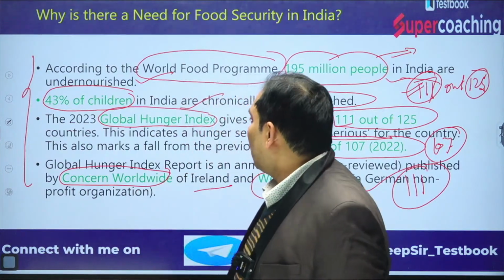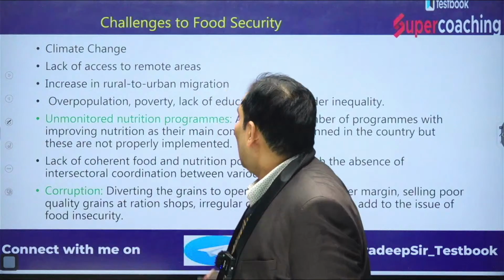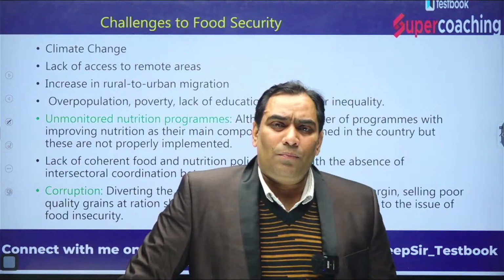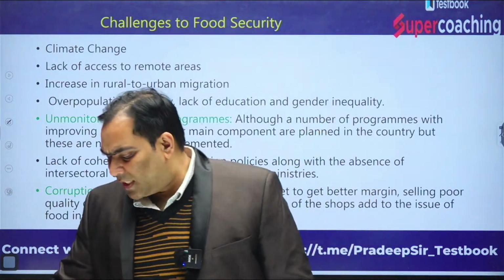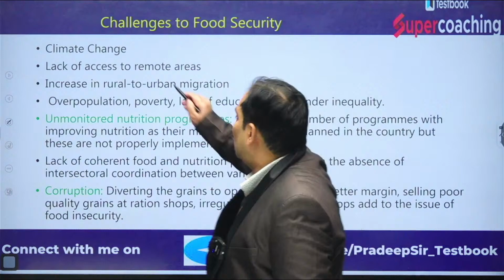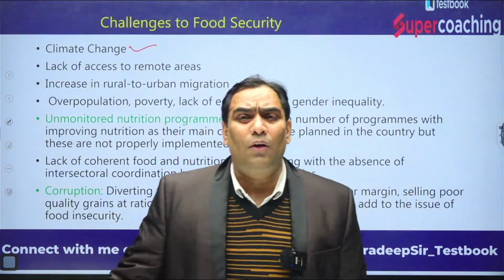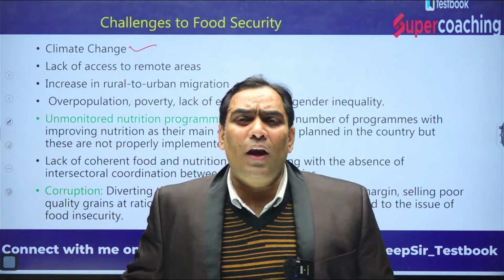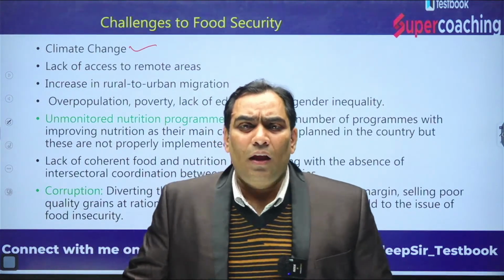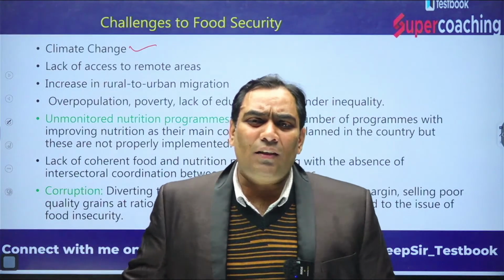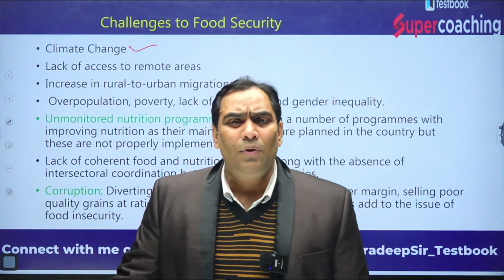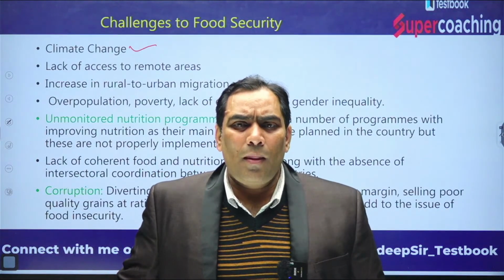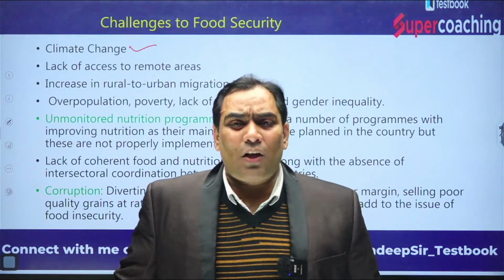Now we are going to proceed further and discuss the challenges for food security. When we talk about the challenges, we can say climate change, because in order to have food security we need food grains, and food grains are an agricultural product. In India, as I already discussed when I was discussing the irrigation system, 60% of agriculture is still dependent on monsoon, and there is an erratic nature of monsoon.